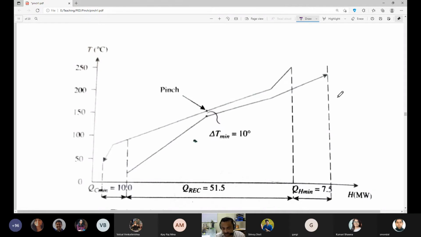I'm probably not talking about purchasing graph paper and using a pencil and eraser; you have to draw it on Excel or some charting software. Then see that when you maintain delta T min, what is the QC min, what is the QH min, and what is the total you get. All these numbers have to be obtained by doing this hand calculation.